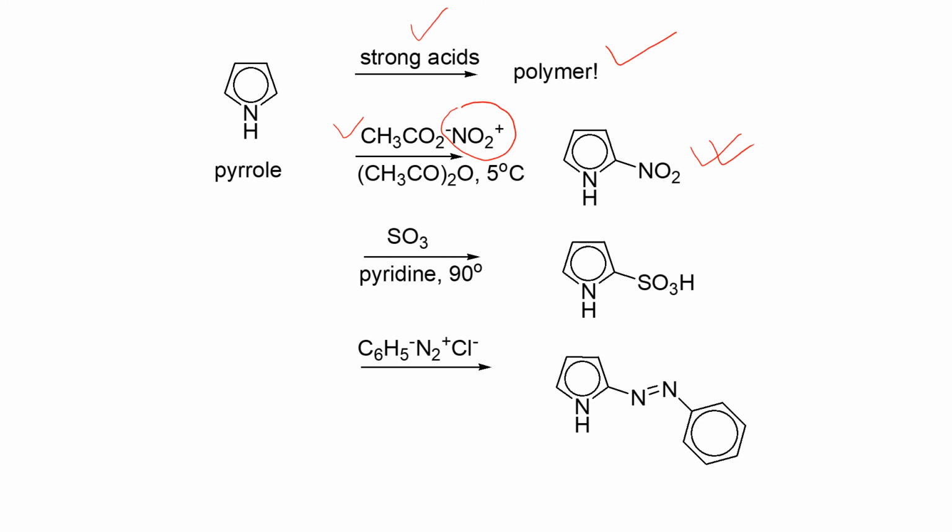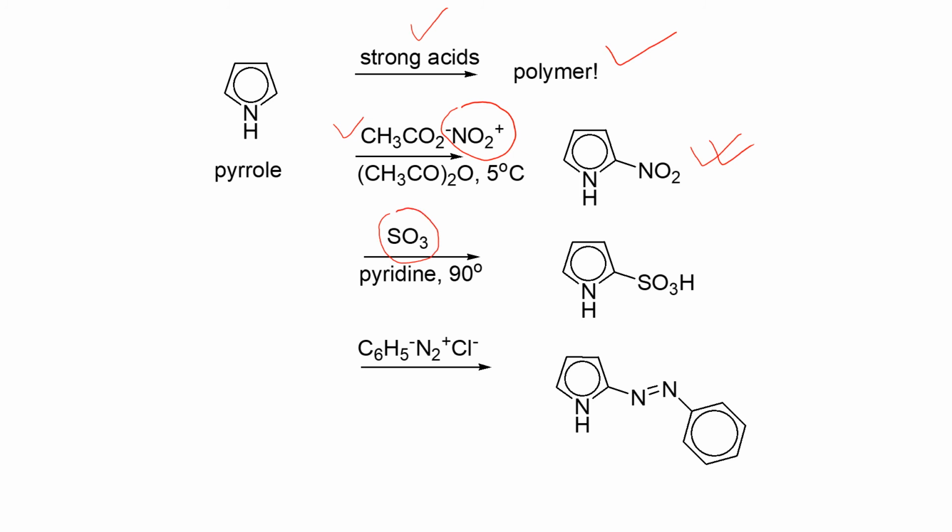electrophilic substitution reaction. Similarly, if we want to do sulfonation, as we cannot use strong sulfuric acid, usually we use strong sulfuric acid for sulfonation. So as we have to avoid strong acid, in that case we can use sulfur trioxide.